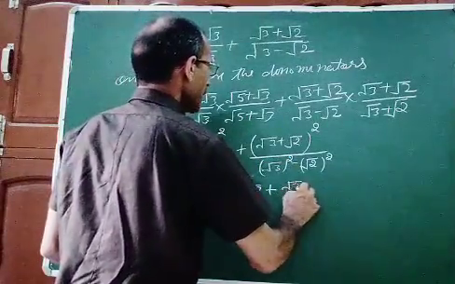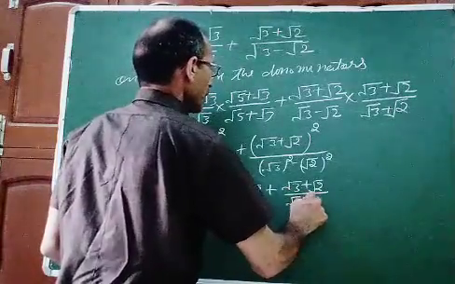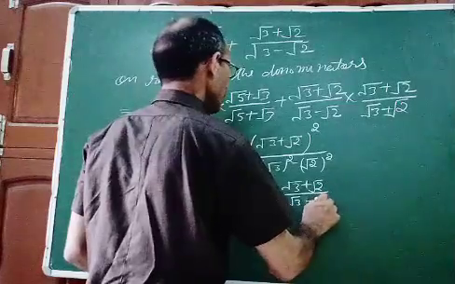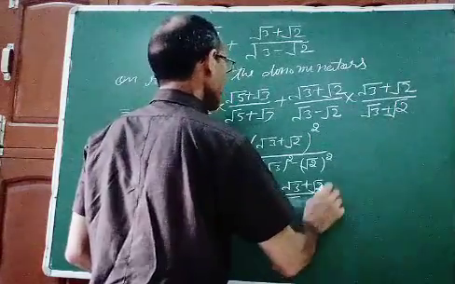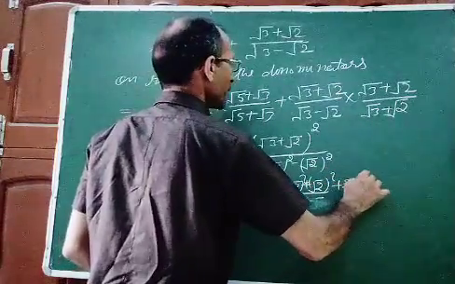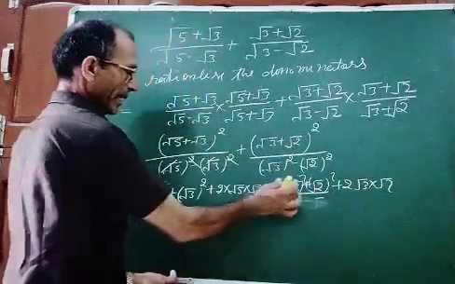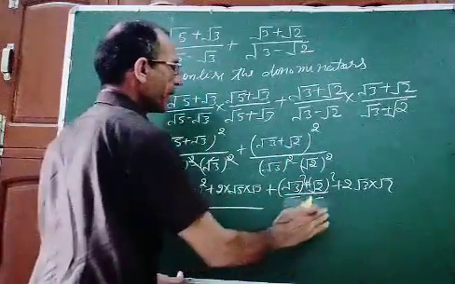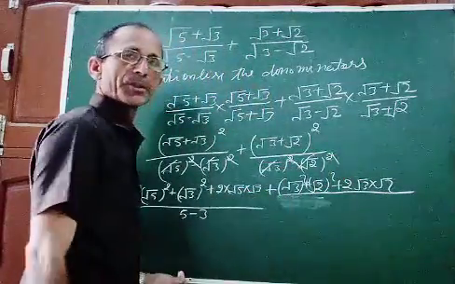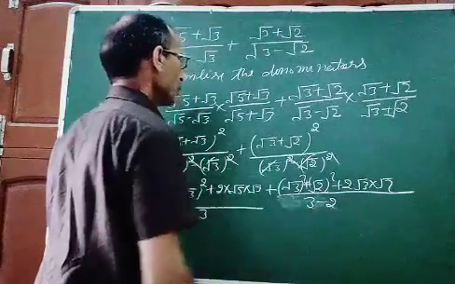Now (root 3 plus root 2) whole square: root 3 square plus root 2 square plus 2 root 3 into root 2. Identity is there, (a plus b) whole square is a square plus b square plus 2ab. Square cancels square root. So 3 minus 2.